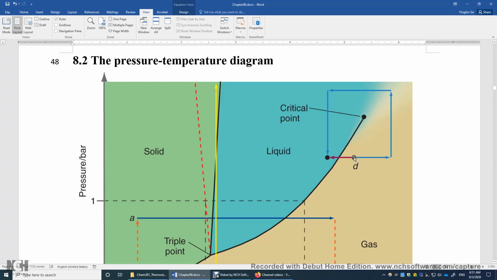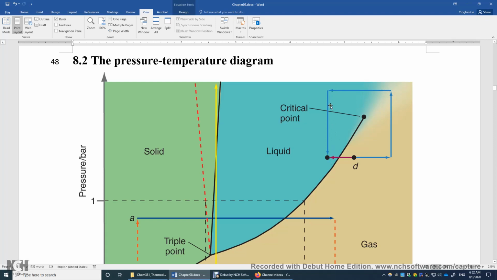This point D can also go to this point from other steps. That's fine, because P and T are just state functions. So you can go here, you can heat it up, and then increase the pressure. Now what is this? This is a supercritical fluid. And then you lower the temperature of this supercritical fluid.